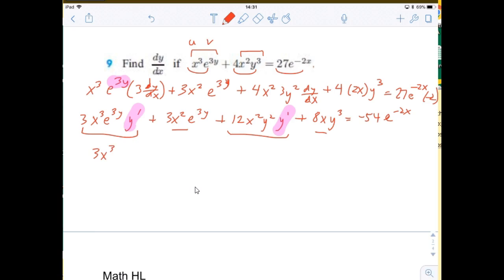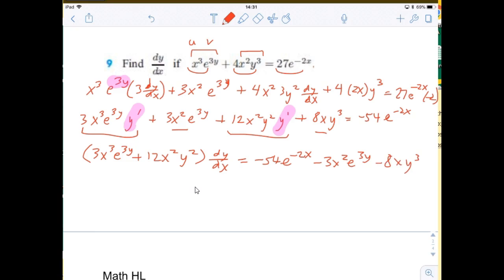So we'll have 3x cubed e to the 3y plus 12x squared y squared times dy dx. And then we're going to move everything else to the other side. So we have negative 54 e to the negative 2x, minus 3x squared e to the 3y, and minus 8xy cubed.